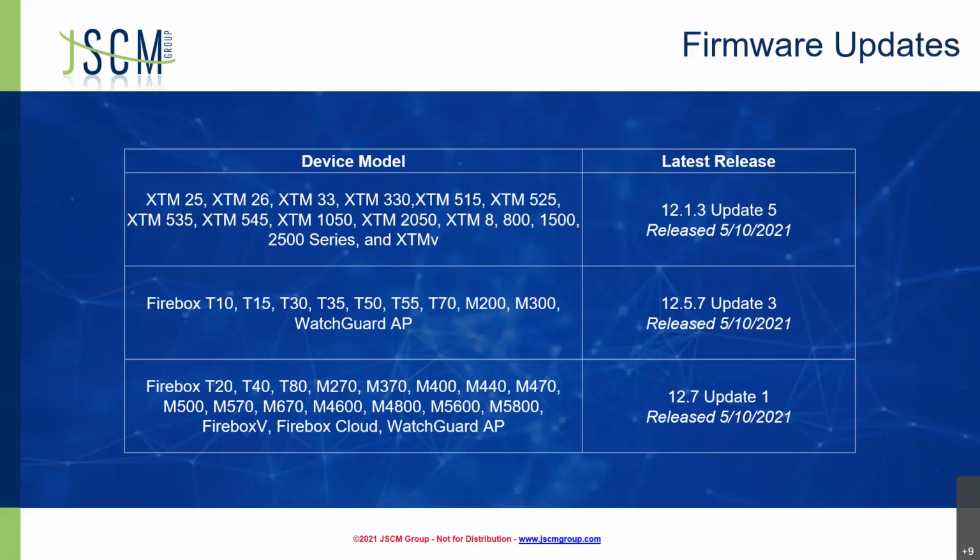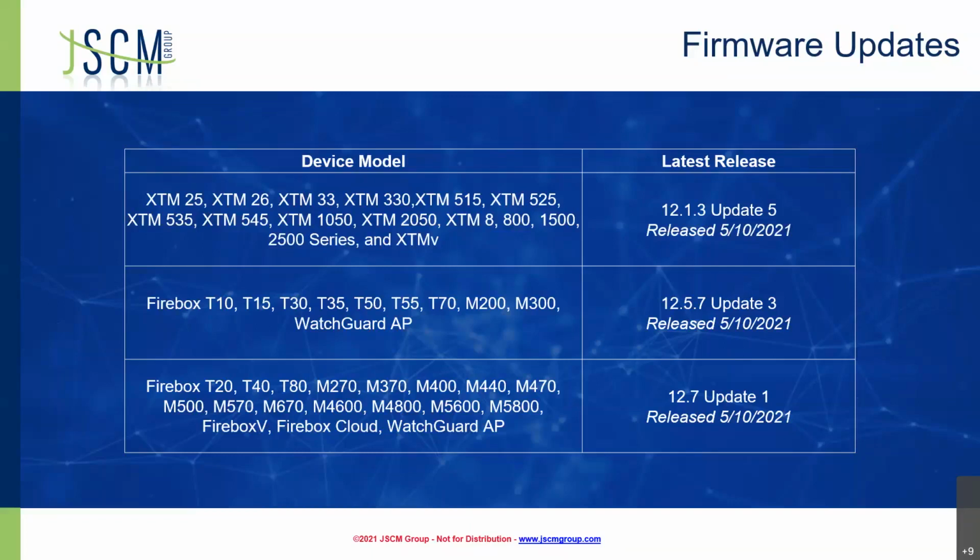And then for anyone on our newer T or M series or bigger boxes, so those would be things like the T20, the M270, the M470, those have a new release, 12.7 Update 1, also again released on May 10th. 12.7 is a pretty big release. They jumped a whole number there.